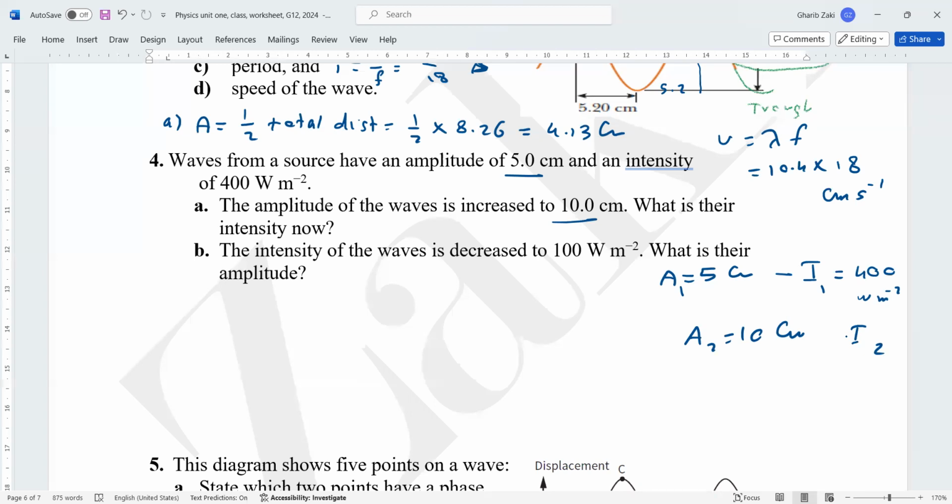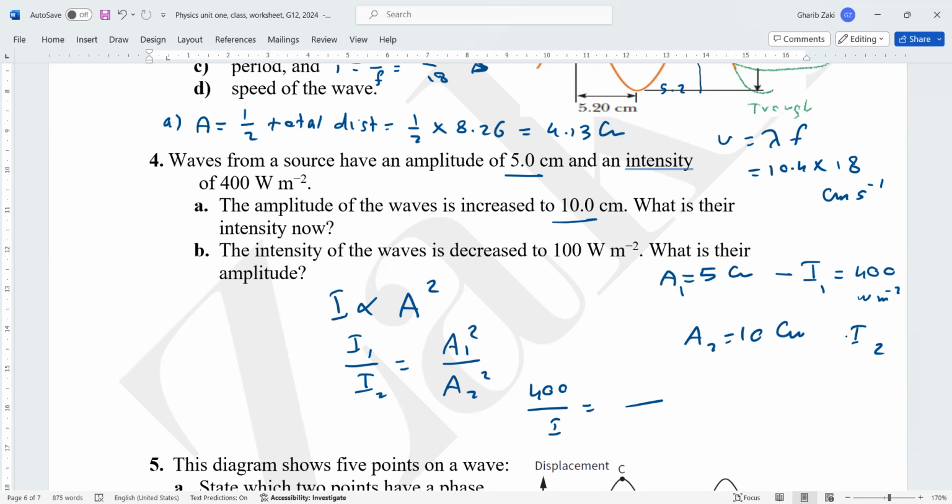What is the relation now? We said that the intensity is directly proportional to the amplitude squared. Then I1 over I2 equals A1 squared over A2 squared.